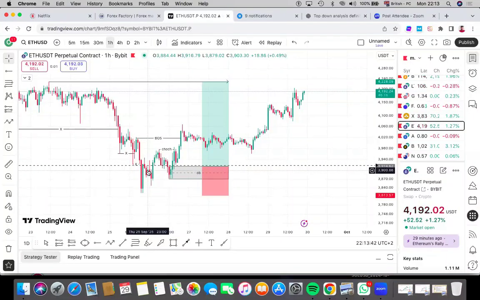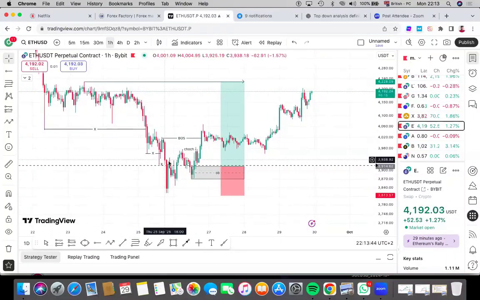Because the market was moving in a downtrend, but then we had a CHoCH, a change of character. That is a shift in market sentiment. The market that was going in a downtrend before, now there is a shift in market appetite, and it's now in an upward direction.